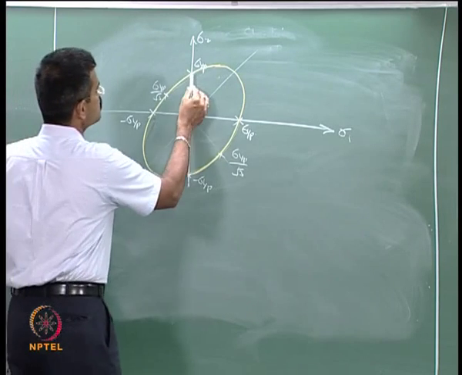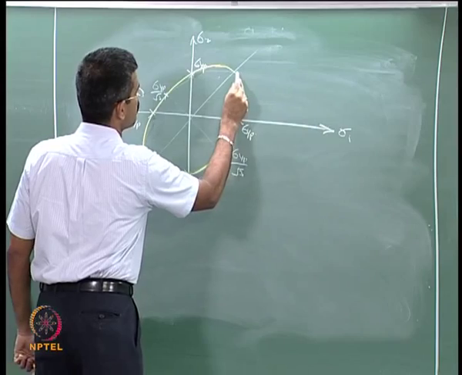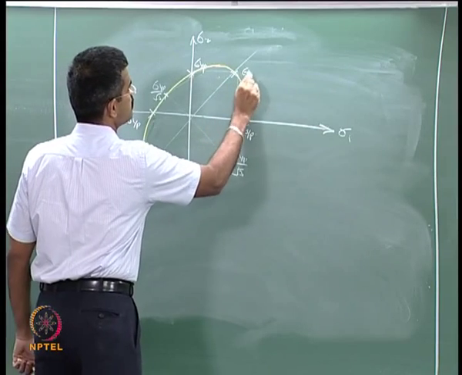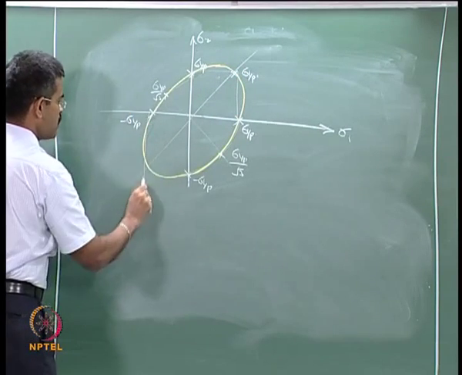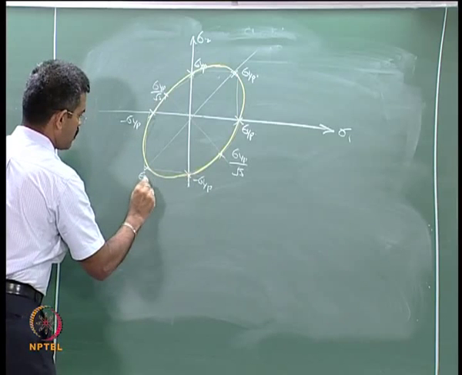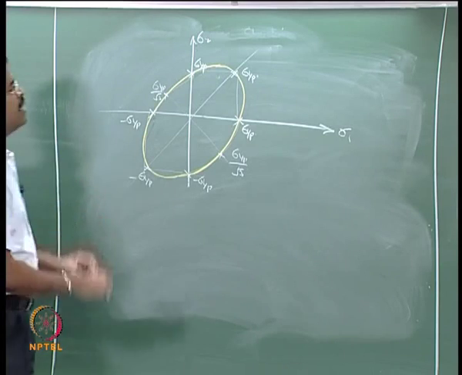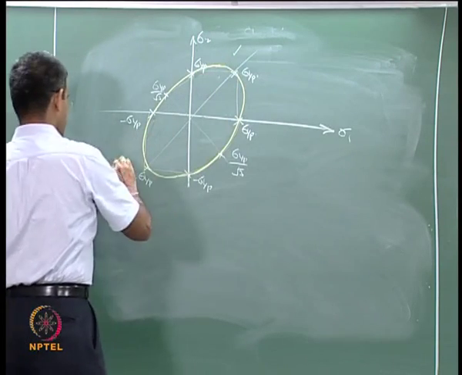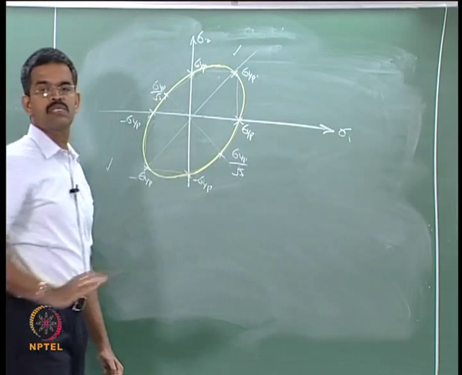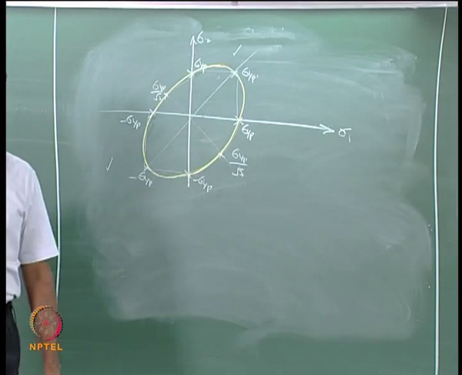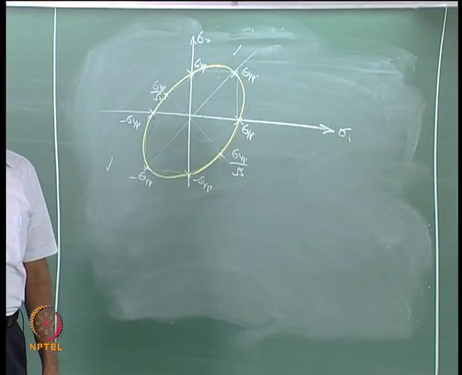And this value is more or less equal, okay. My figure may not show that, even this is also sigma yp, this is also sigma yp. So, you can very well see this theory in the first and third quadrants, it is agreeing more or less with the maximum principal stress theory, okay.